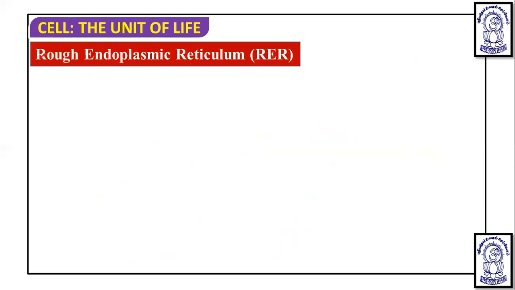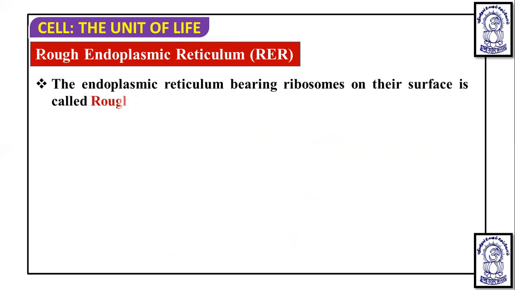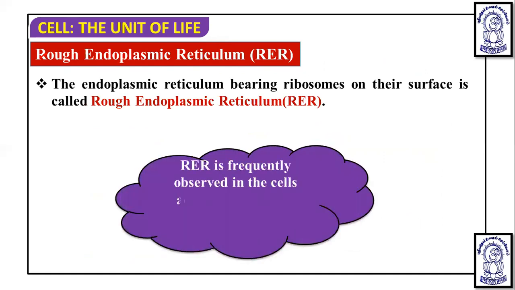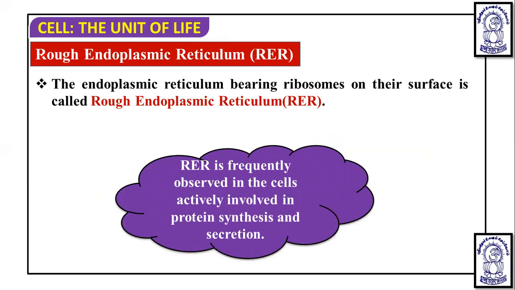Now we talk about the types of ER, and there are two types: rough endoplasmic reticulum and smooth endoplasmic reticulum. First, we are going to talk about rough endoplasmic reticulum. On its surface, you will see the presence of ribosome. And this RER is frequently observed in cells which are actively involved in protein synthesis, because ribosome has the function of protein synthesis.